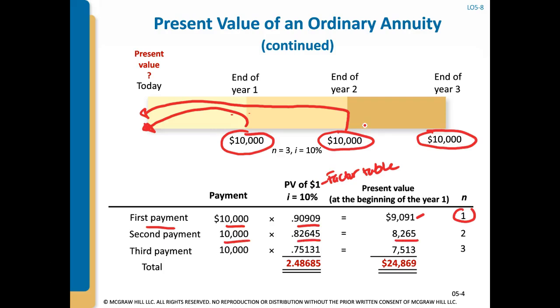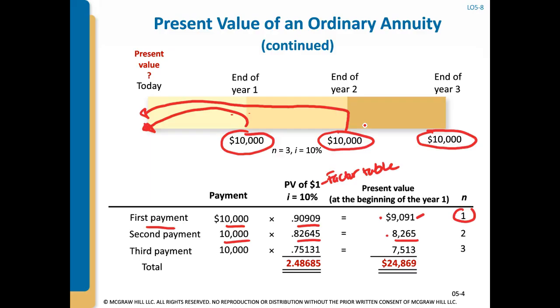It's $8,265. That makes sense, because if I invest $8,265 and earn 10% on it for 2 years, I would get $10,000. It makes sense that we need to invest less when investing for 2 years than for 1 year in order to get the $10,000 amount.